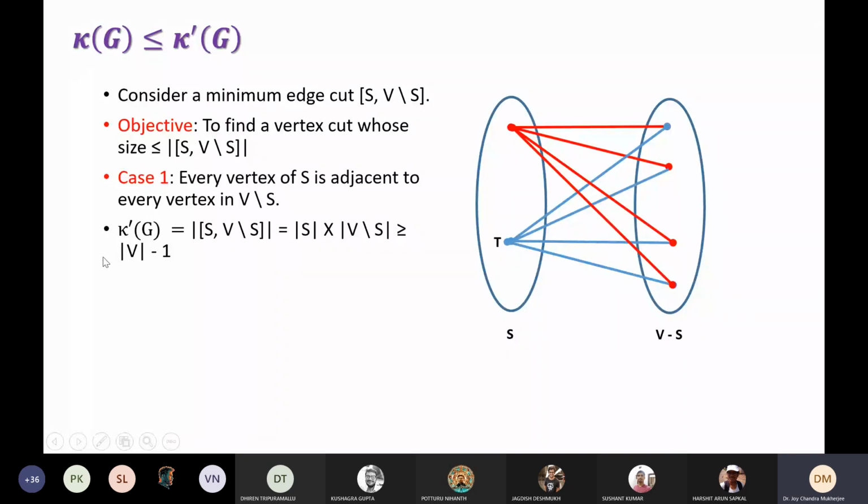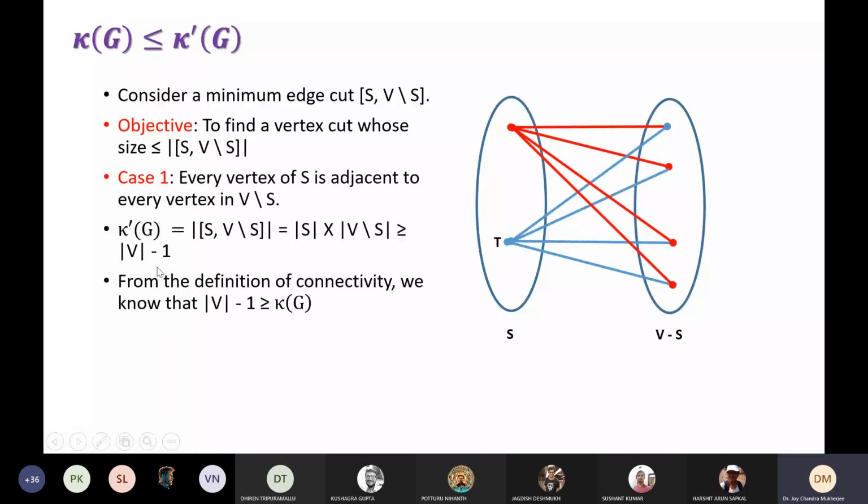Now we know from the definition of vertex connectivity that the maximum value of vertex connectivity can be mod V minus 1 for any graph, which is basically attained by the complete graph. For the complete graph Kn, its vertex connectivity is actually n minus 1. So from the definition of vertex connectivity, we know that mod V minus 1 is the upper bound for the connectivity of a graph.